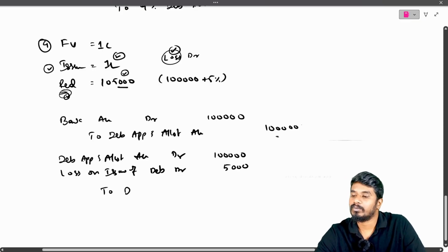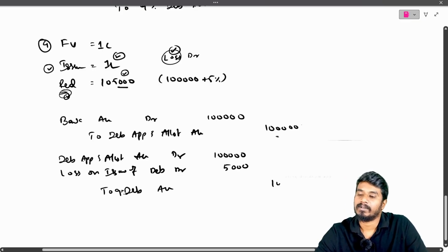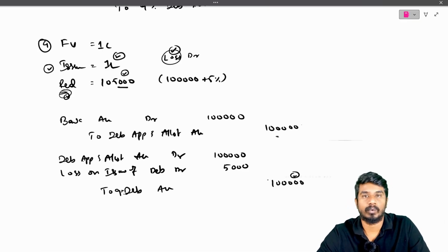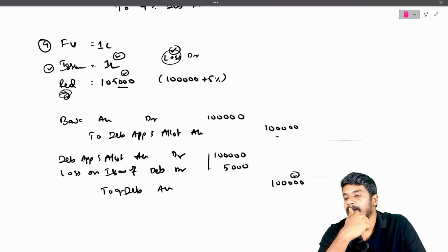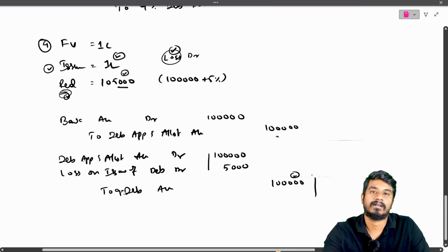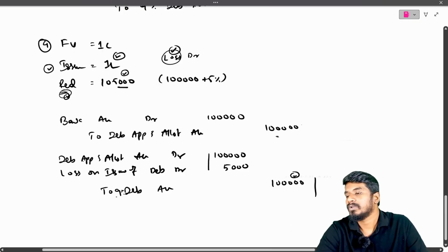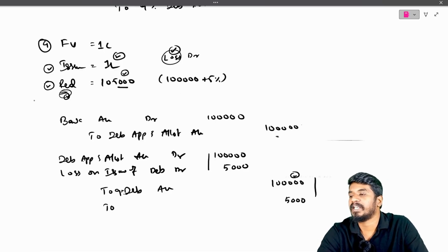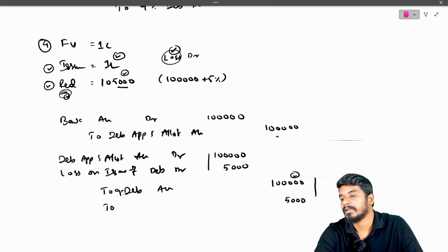Now, to 9% debenture account, whatever the face value is there, that amount we will show it here. But we are not getting matched with credit and debit, correct? So here on credit side, 5,000 is the difference. That difference is premium on redemption. Correct.